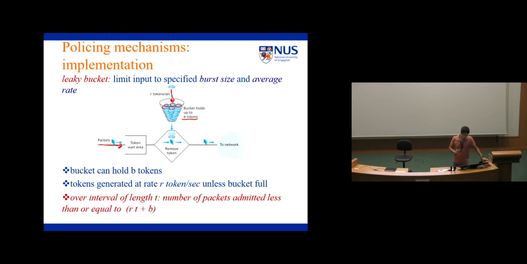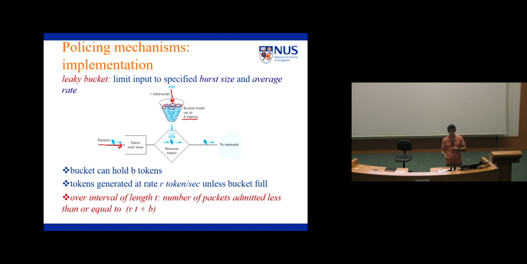So when you think about it then, it regulates both the average rate of packets I can push to the network, and also it regulates the burst rate of packets I can push to the network. Why is that? Well, first of all, over the long run, I can only serve R packets per second, because eventually, if so many packets arrive, my bucket will be emptied, right?